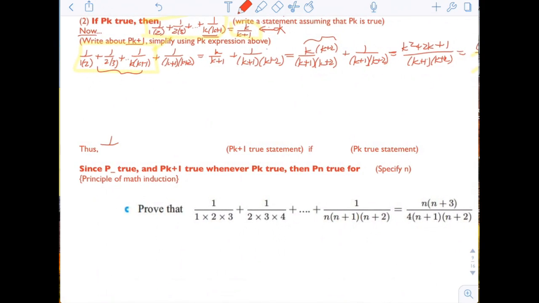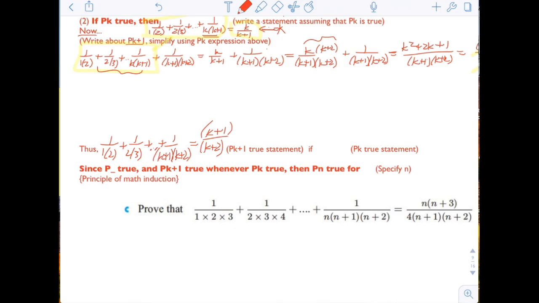So thus 1 over 1 times 2 plus 1 over 2 times 3 plus ... plus 1 over k plus 1 times k plus 2 is equal to k plus 1 divided by k plus 2.